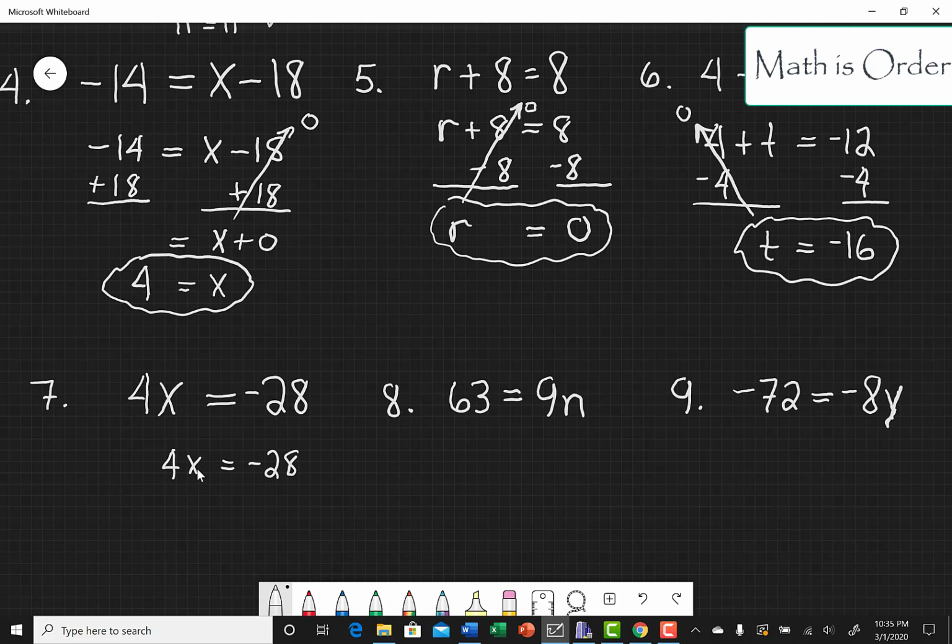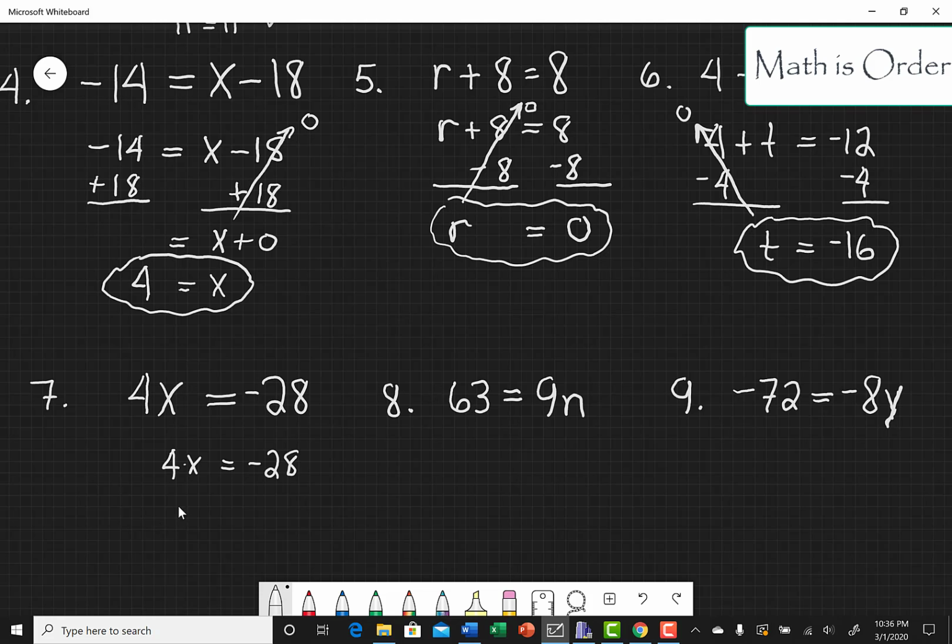But now, the thing that is preventing the variable from being by itself is this 4. And what is 4 doing to x? Well, any number right next to a letter is multiplying that letter. So even though there's no operation there, it is an operation, and that is multiplication.